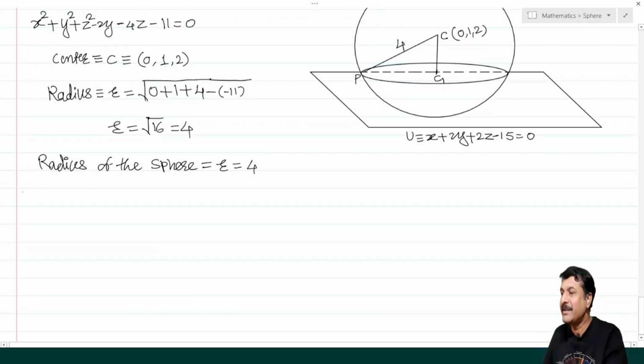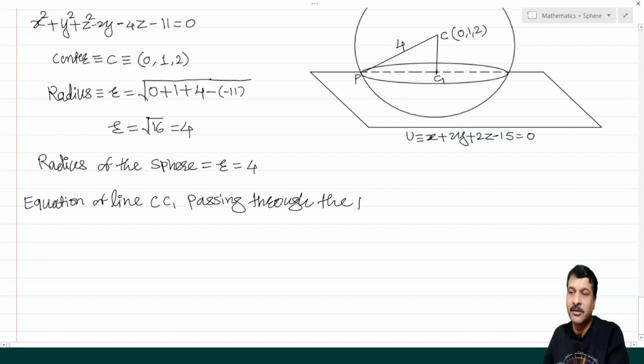So I am getting the equation of line CC1 passing through a point. Note that when we want to find the equation of a line, you always consider the known point. Here for CC1, C we know, so passing through the point C, 0, 1, 2.